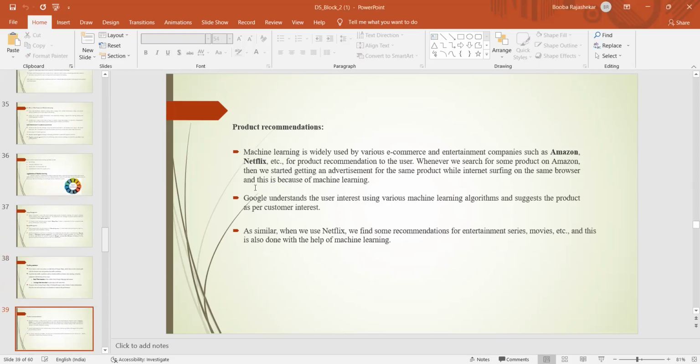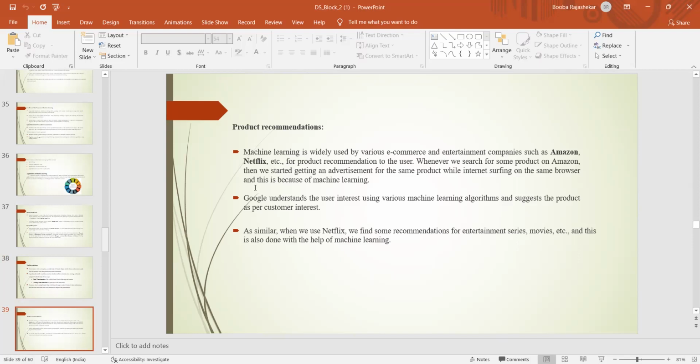The next is product recommendations. Machine learning is widely used by various e-commerce and entertainment companies such as Amazon and Netflix. For product recommendation to the user, whenever we search for some product on Amazon, we start getting advertisements for the same product while surfing the internet on the same browser, and it is done with machine learning techniques.